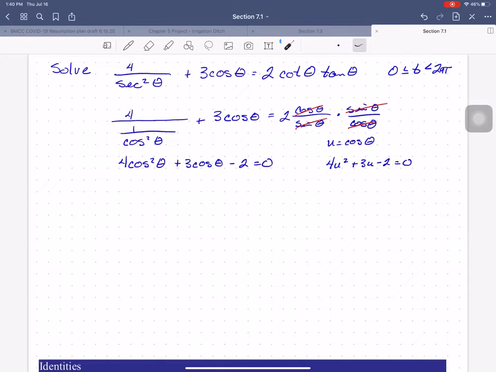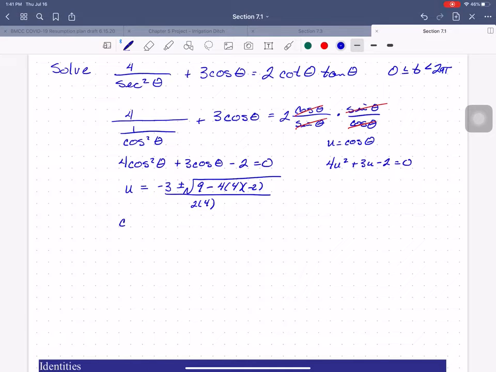So what are we going to do? Well, we're going to use the quadratic formula. So u is equal to -b plus or minus the square root of b squared minus 4ac, all over 2a.